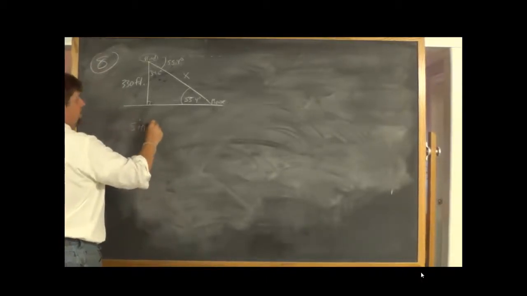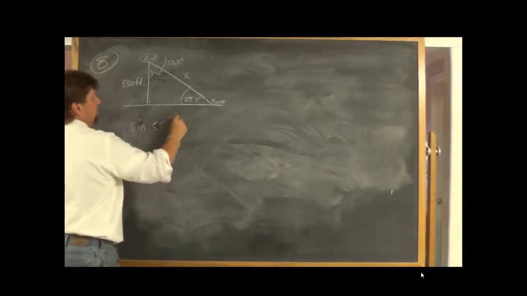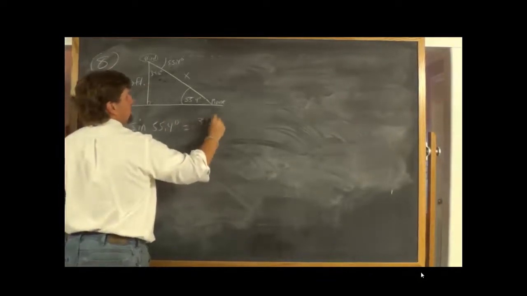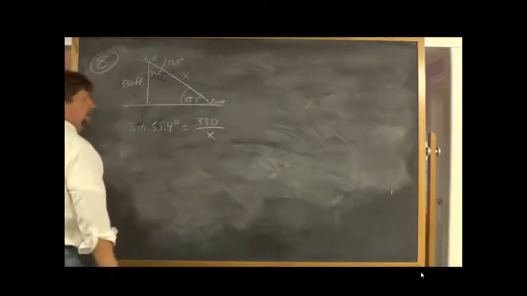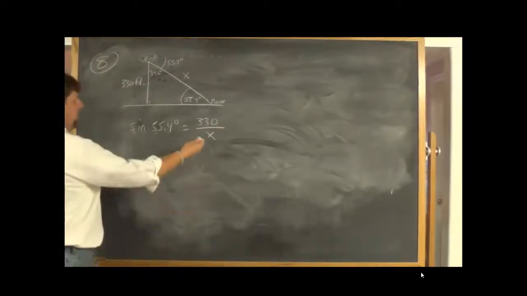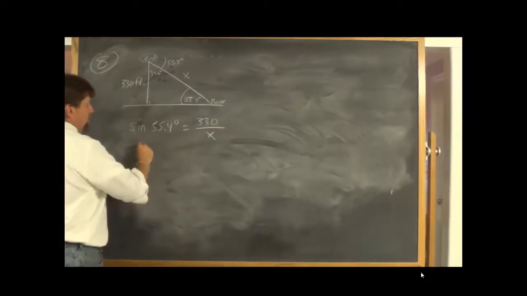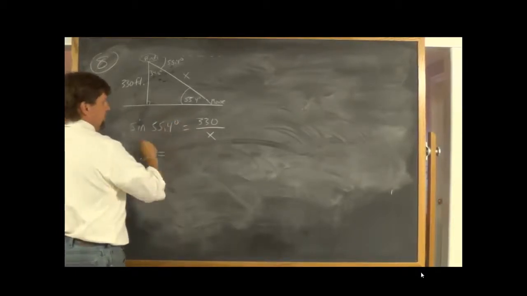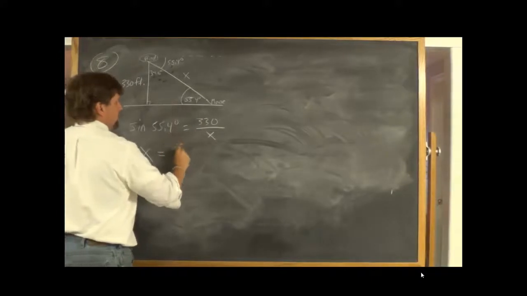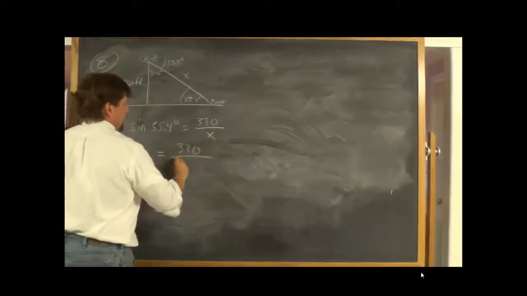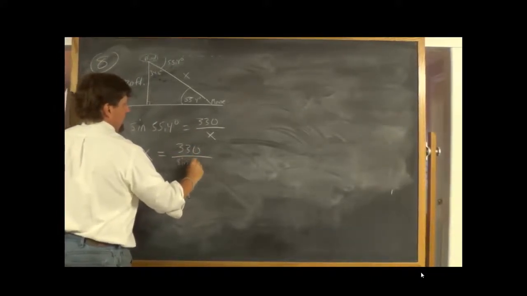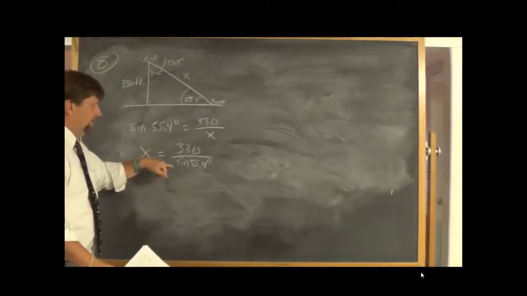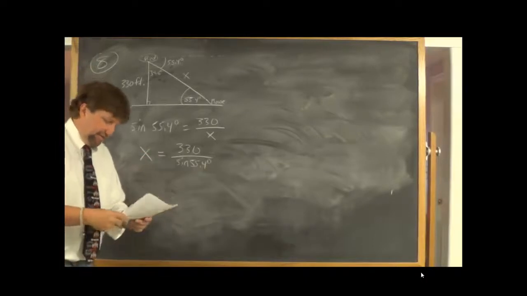Sine of 55.4 degrees equals opposite over hypotenuse. And then if I multiply both sides by x and divide both sides by sine of 55.4 degrees, I get that x equals 330 divided by the sine of 55.4 degrees.